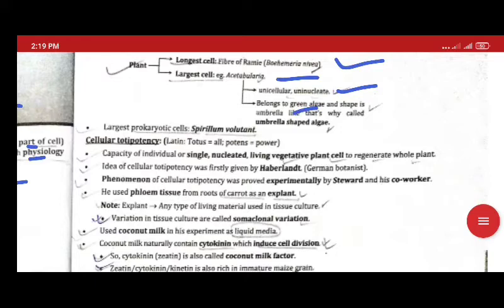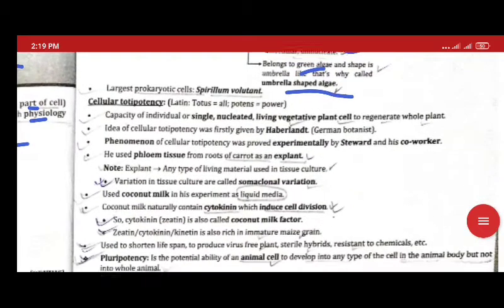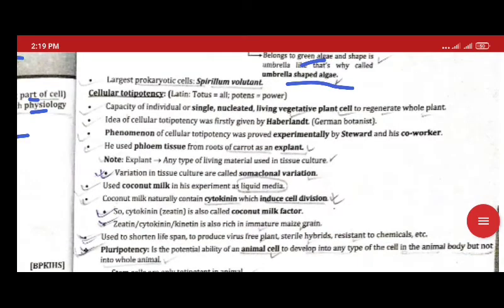Green algae contain chlorophyll and chloroplast, and Spirogyra also comes here. Acetabularia is umbrella shaped. The largest prokaryotic cell is Spirillum volutans. This is also important.